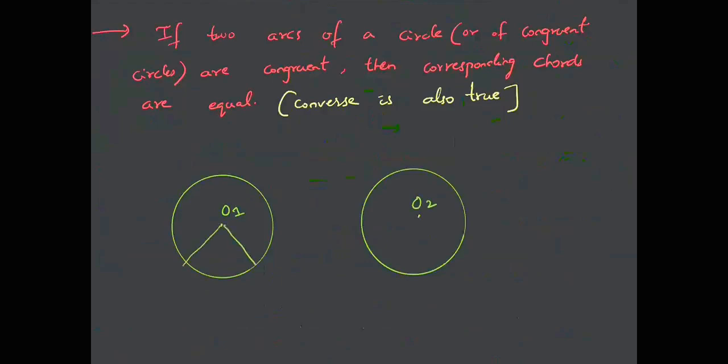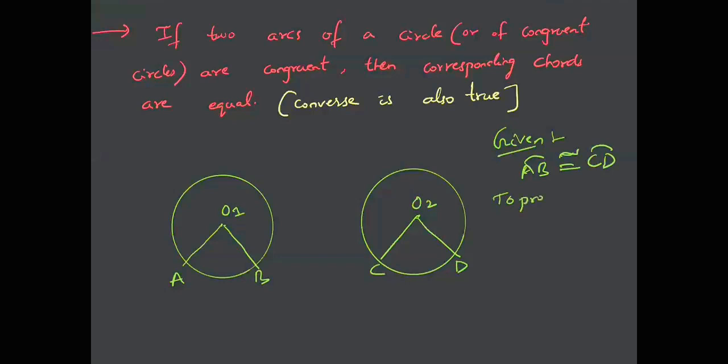Given that arc AB is congruent to arc CD, you need to prove that length of chord AB is equal to length of chord CD. And the radius is same. This is R, this is also R.